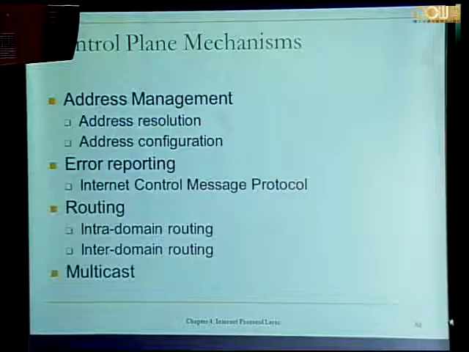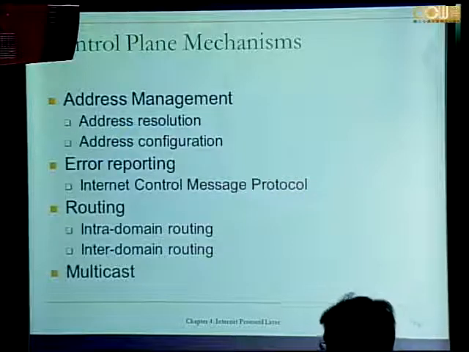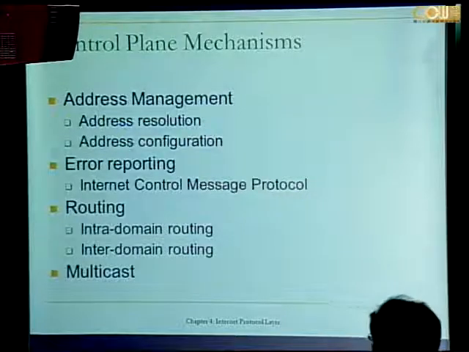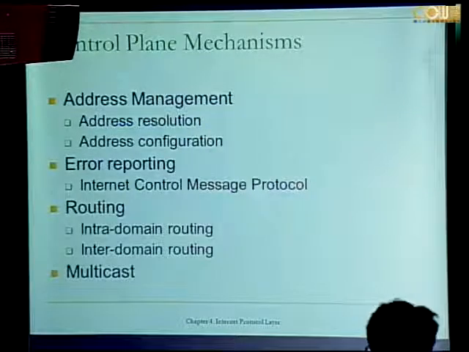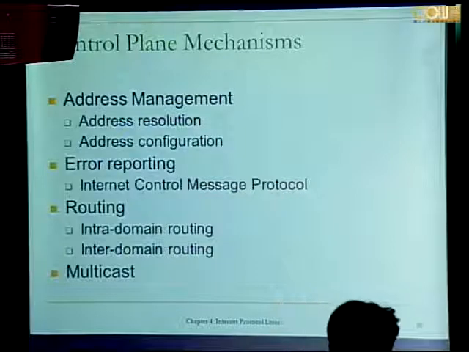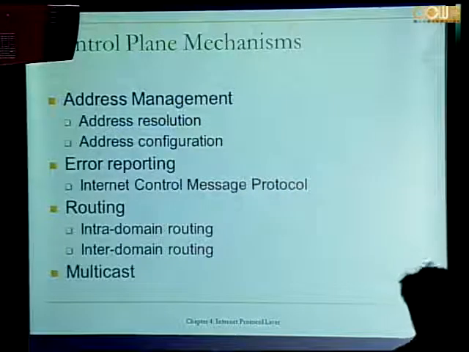But for the control plane, unicast routing and multicast routing are implemented in a daemon process, so in the user space. But error reporting by ICMP is implemented in the kernel, almost together with the IP protocol.